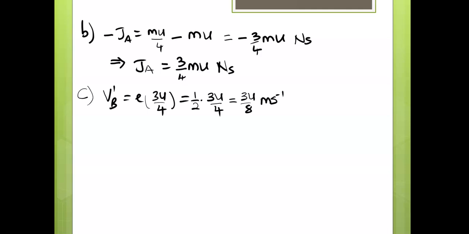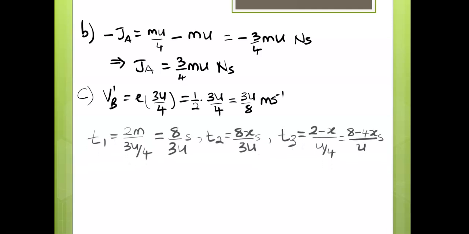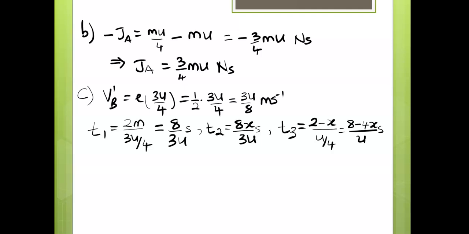So E times 3U over 4, half times 3U over 4, which is 3U over 8 meters per second. Now, to be able to calculate this distance, we are going to need the time T1, for B which is 2 meters from the wall.